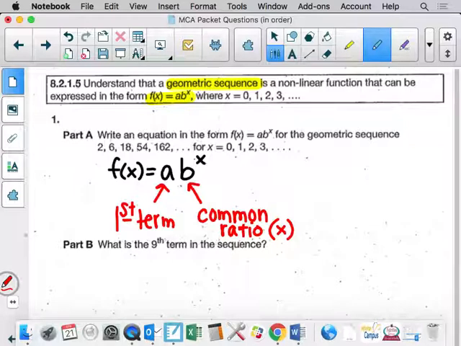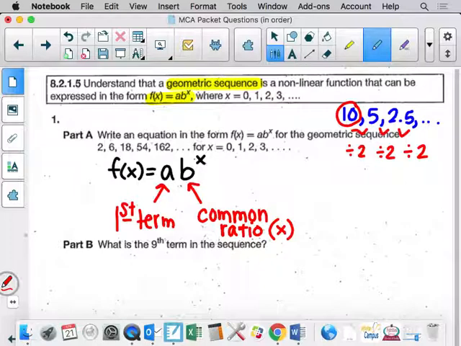For example, this is not the problem that you see here, but if you had a sequence that started with 10, 5, 2.5, and so on, you would say it starts with 10, and you would look at this as a division pattern and say it's divided by 2.